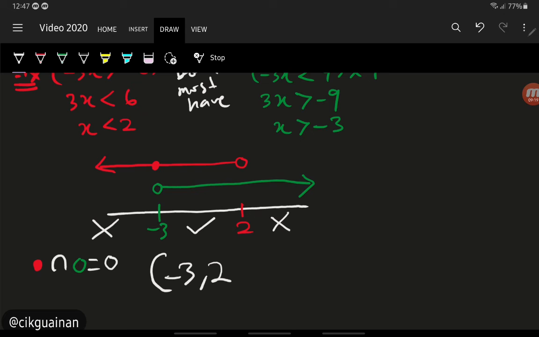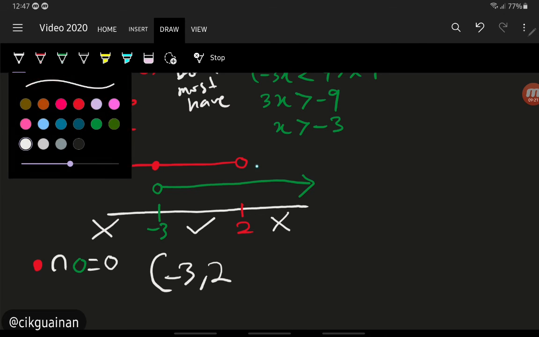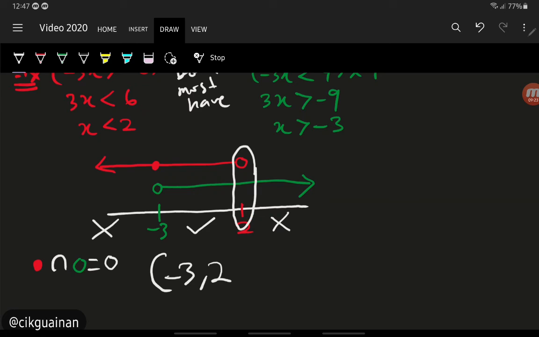Now, let's have a look over here. We look at the intersection of the empty circle of the red over here, and then with a dense circle of the green one inside the line over here.